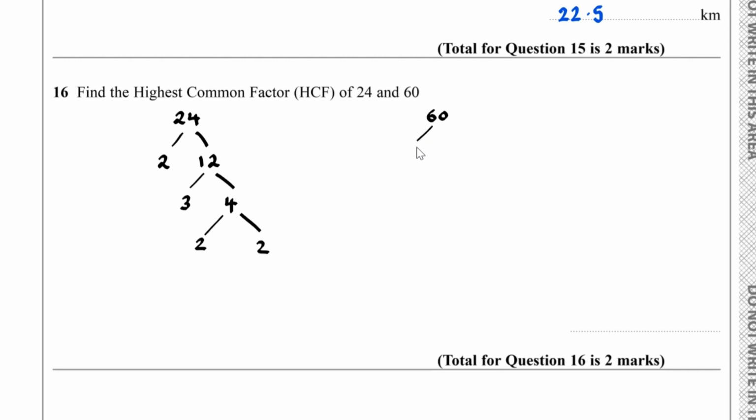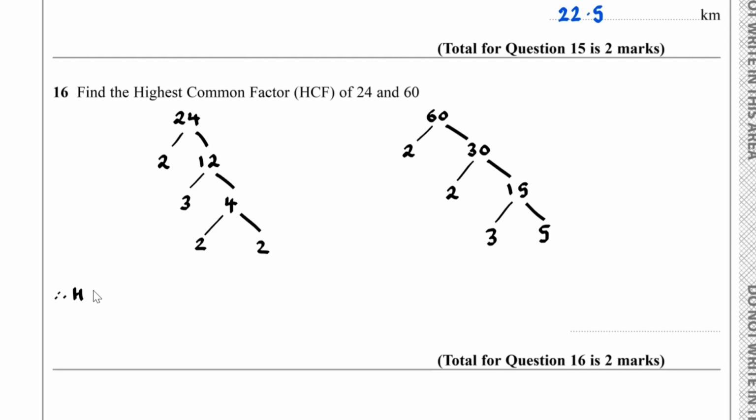For the 60, we've got 2 multiplied by 30. The 30 we can rewrite as 2 times by 15, and the 15 we can write as 3 times by 5.